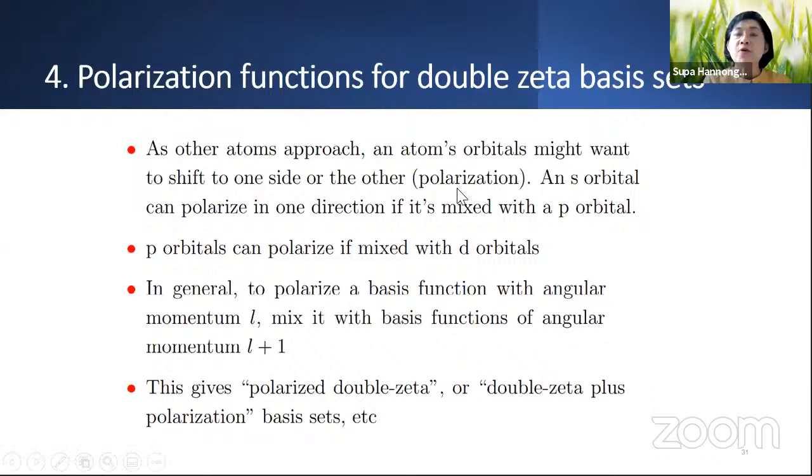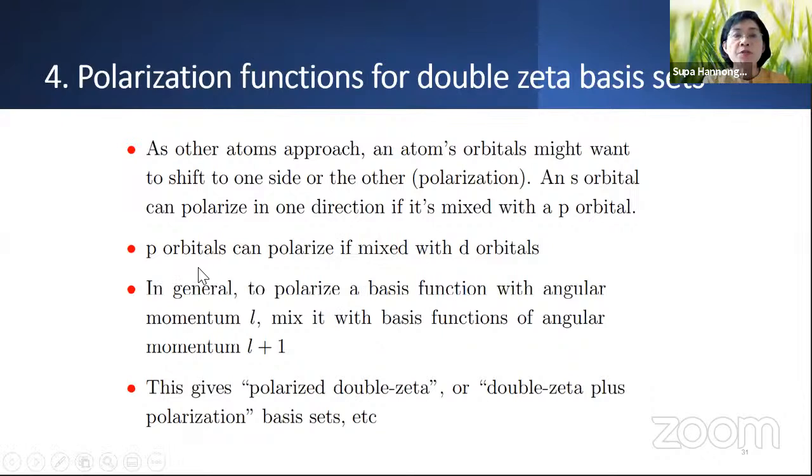For example, an s orbital can polarize in one direction if it mixes with a p orbital. So the electron does not stay only in the s orbital, which is spherical, but it can polarize a little further in one direction to the p orbital that matches that direction.